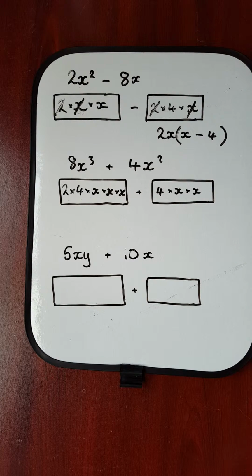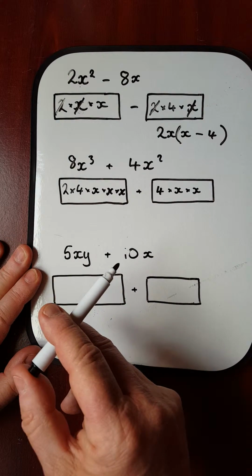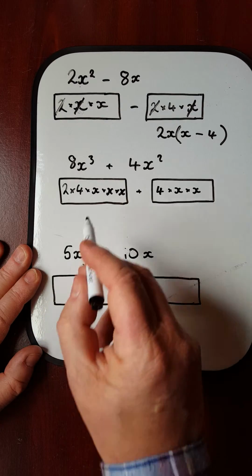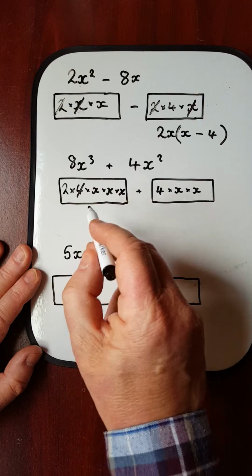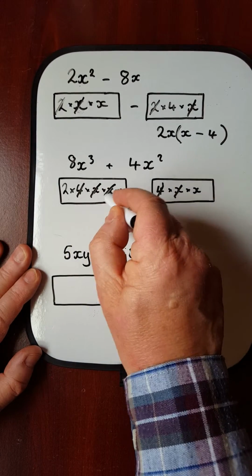Okay, so what we're going to do now? Well, we're going to look for links together and see what we can find. Let's just take a little look. We've got 4x x.